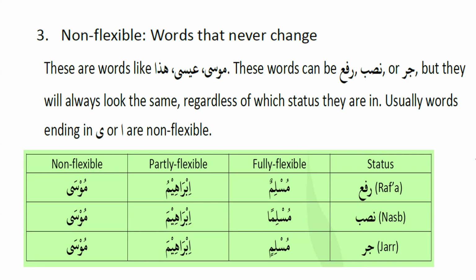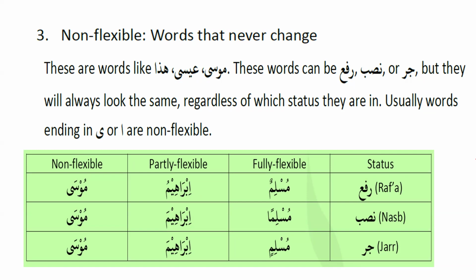For dual and plural, we have some combinations: ani and aini, una and ina, tani and tayni, atun and atin. These are the 4 and 4, 8 combinations we have for the dual and plural columns. For the singular column, we have sound u, a, e for light, and un, an, in for heavy. That's what we learned so far.